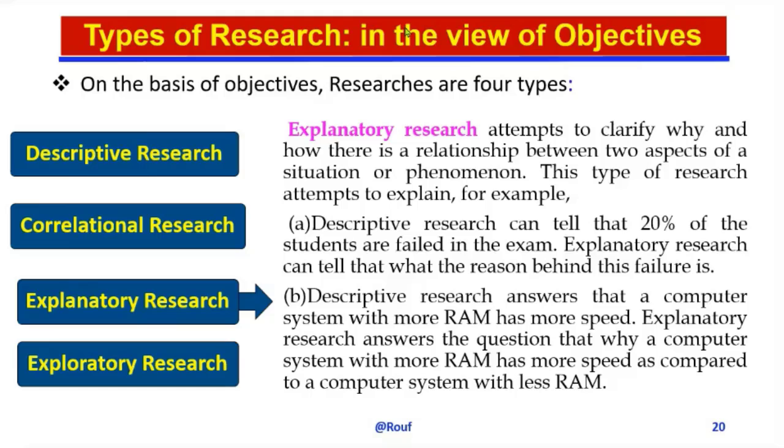Number B, descriptive research answers that a computer system with more RAM has more speed. This part is descriptive. And explanatory research answers the question of why a computer system with more RAM has more speed as compared to a computer system with less RAM.